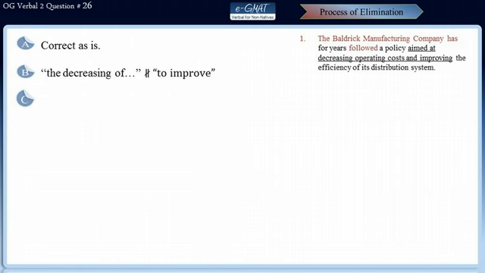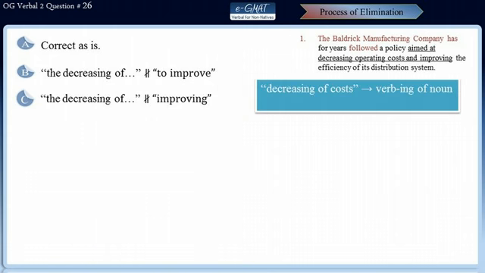In choice C, we see that the decreasing of operating costs is not parallel to improving. The reason being, the decreasing of costs is the verb-ing form of noun, which typically cannot be parallel to improving efficiency, which is the verb-ing noun form. Especially these two words can actually be written in the same form.